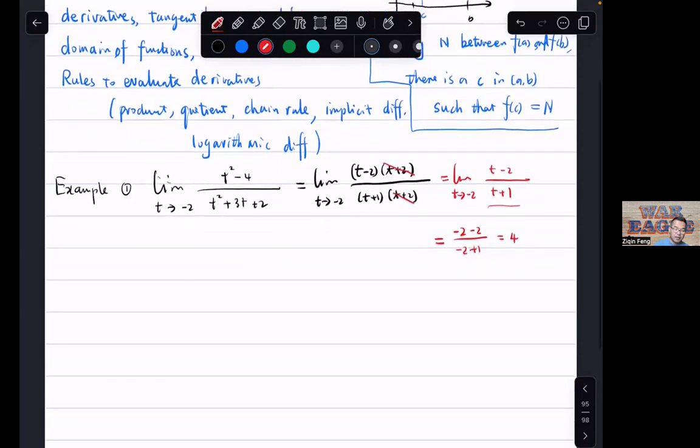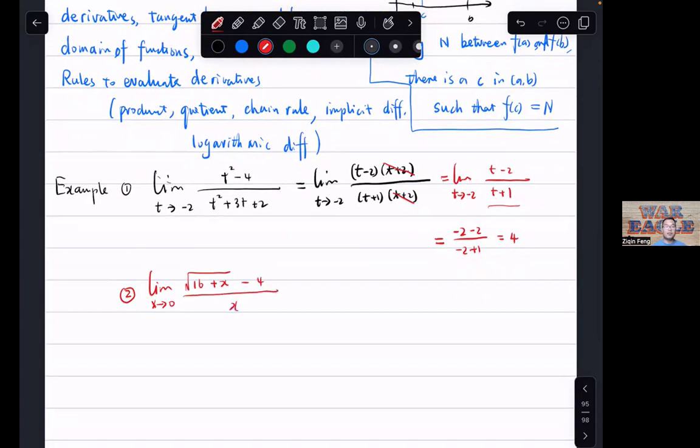Now let's see another example which requires a different technique. We are looking for the limit of this function as x goes to 0: (square root of (16 plus x) minus 4) over x. I want to know what's the limit of this function. Now you can see that if you plug in 0, again, you have 0 over 0.